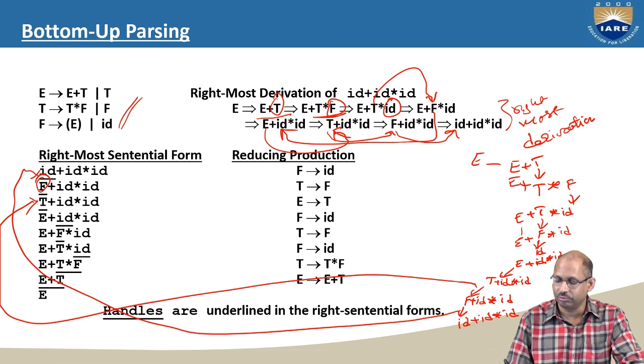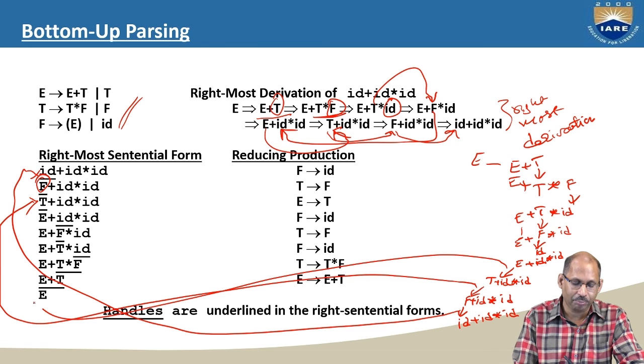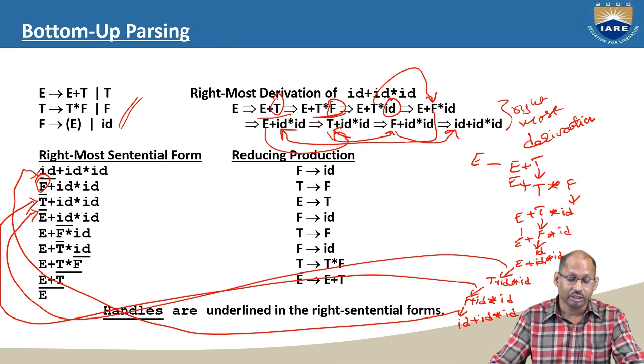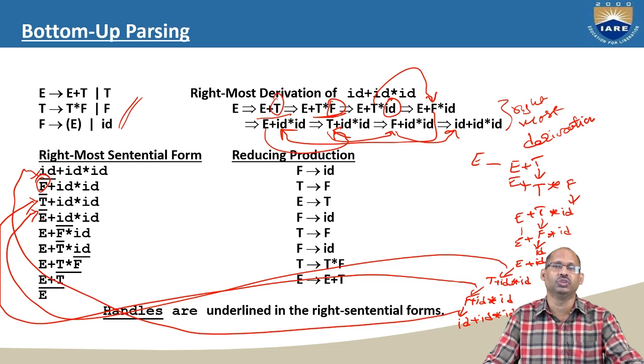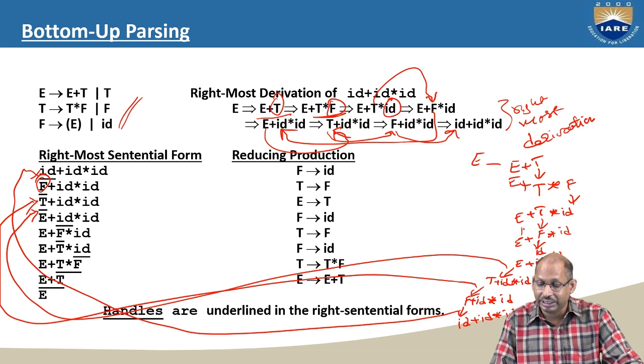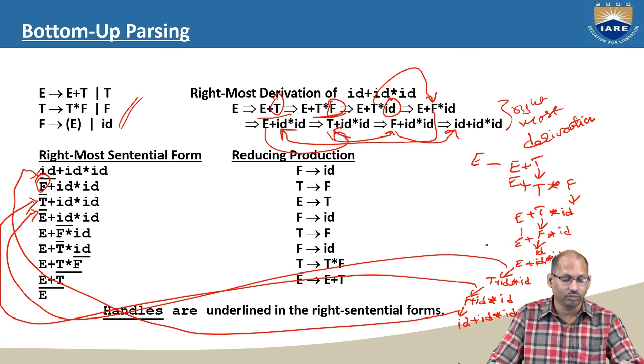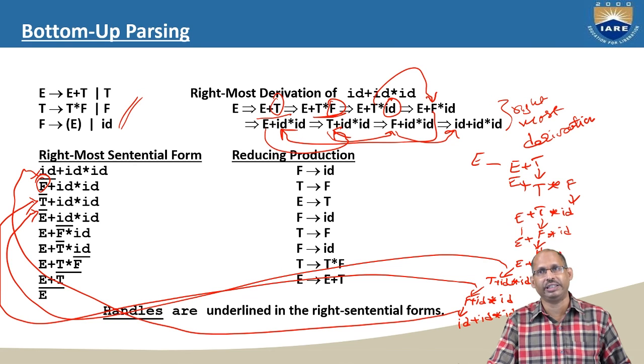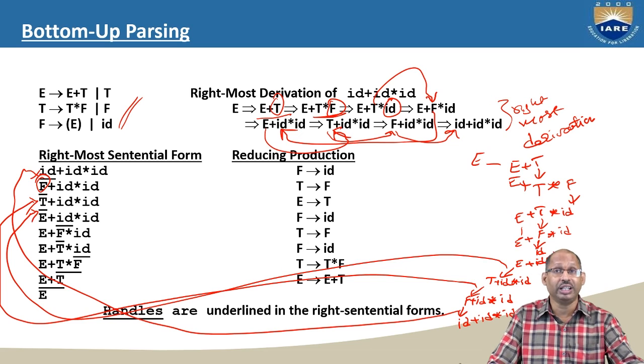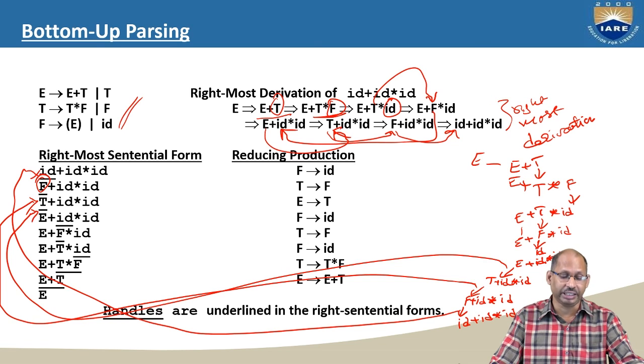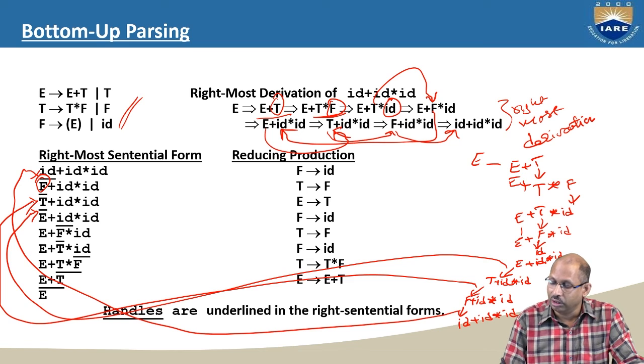E gives T. This step we are writing here. T is reduced to E. Here E is replaced with T. Now T is reduced to E. T is replaced with E, which results in the previous step in the rightmost derivation.